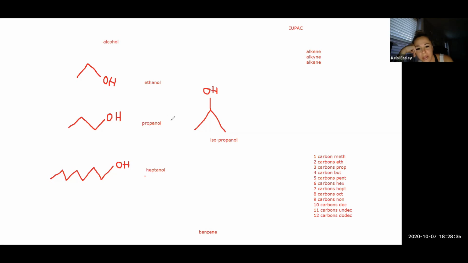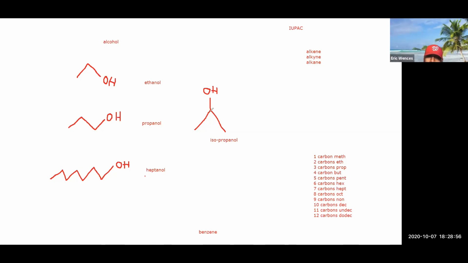How come in the isopropanol, the carbon is attached to the OH on top, but in the heptanol, the carbon isn't attached right there to the OH? Here there's no carbon at the end, stemming to the OH.